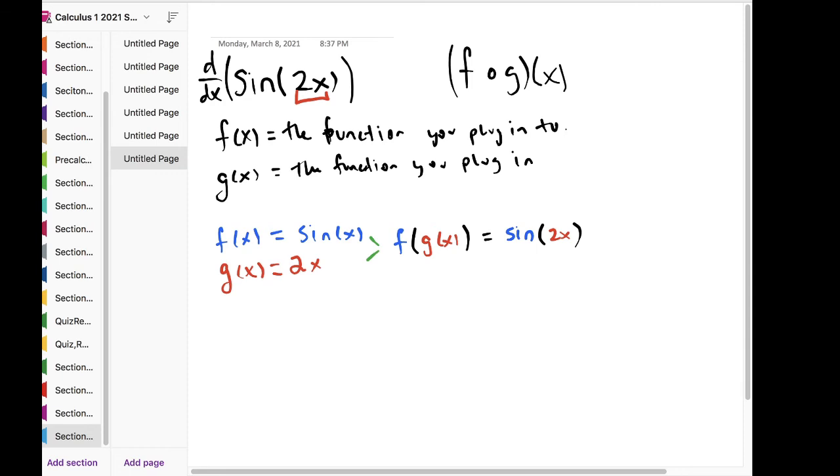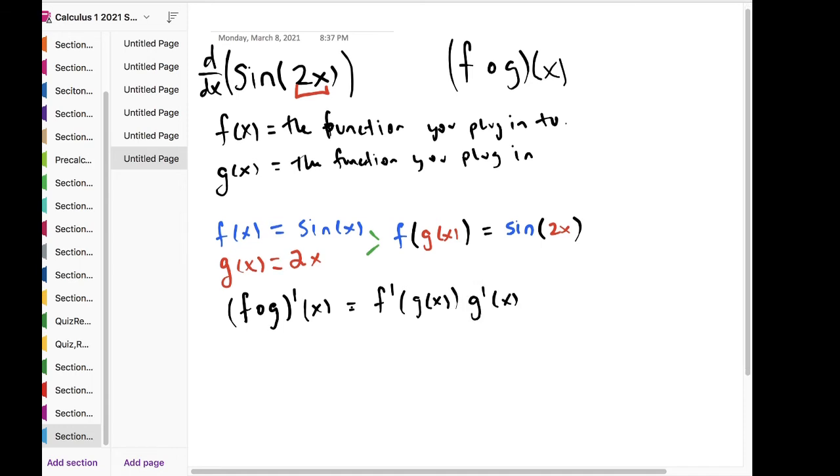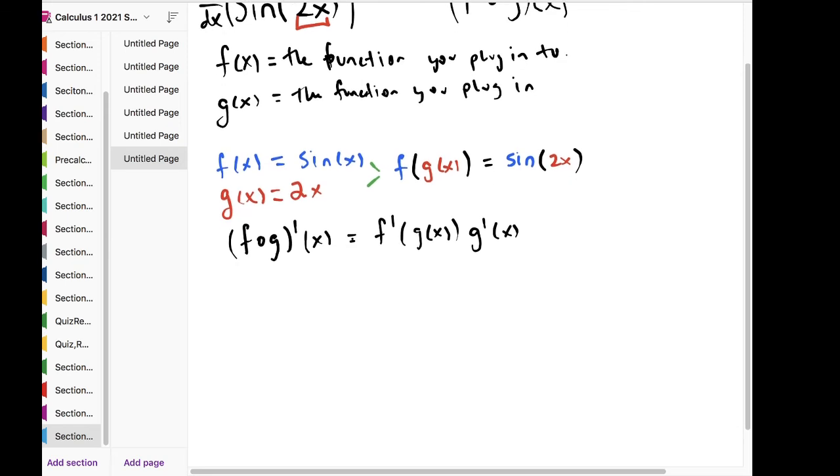Right? Okay, so we have our formula now for the chain rule, that f of g prime of x is equal to f prime of g of x and then g prime of x. So now that we have f and g, what other pieces of information do we need?